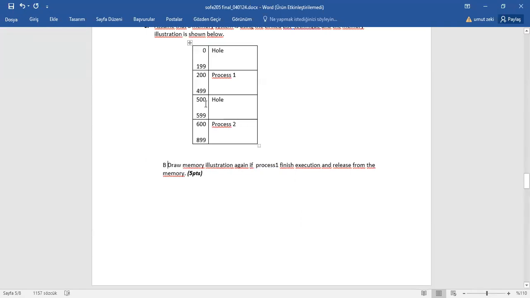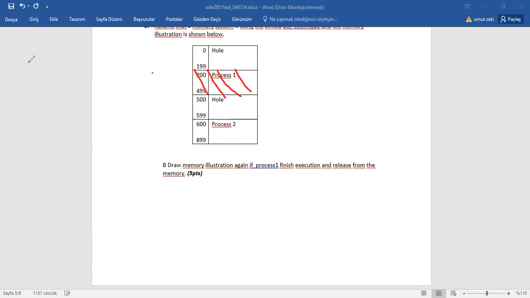In the second part, it is saying draw memory illustration again if process 1 finishes execution. So if process 1 finishes execution, here we have a hole.